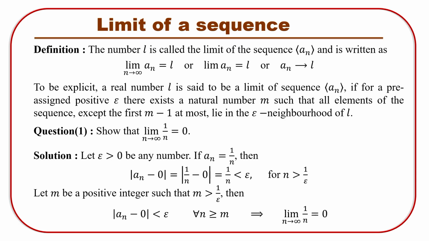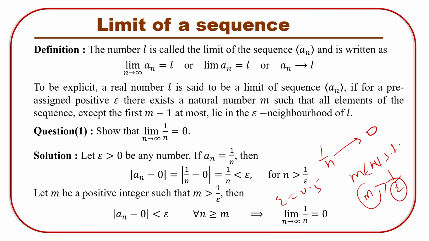We have already shown that the sequence 1 by n converges to 0, for which we take M as a natural number such that M is greater than 1 by epsilon. So you give me any epsilon, let's say epsilon equal to 0.5.